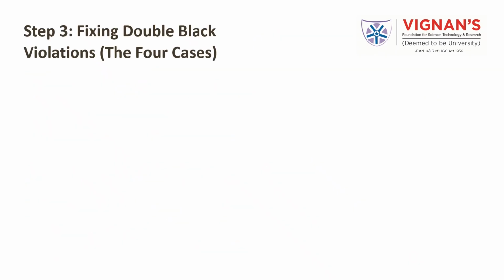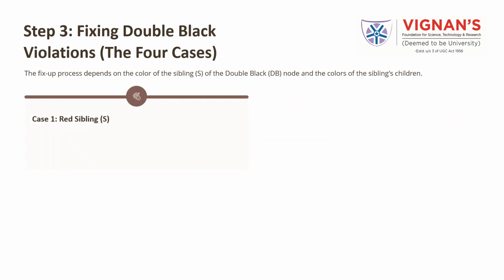Step 3. Fixing double black violations. The 4 cases. Once a double black node is created, the fix-up process depends on the color of the sibling and the colors of the sibling's children. There are 4 possible cases to resolve the double black violation. Case 1. Red sibling.